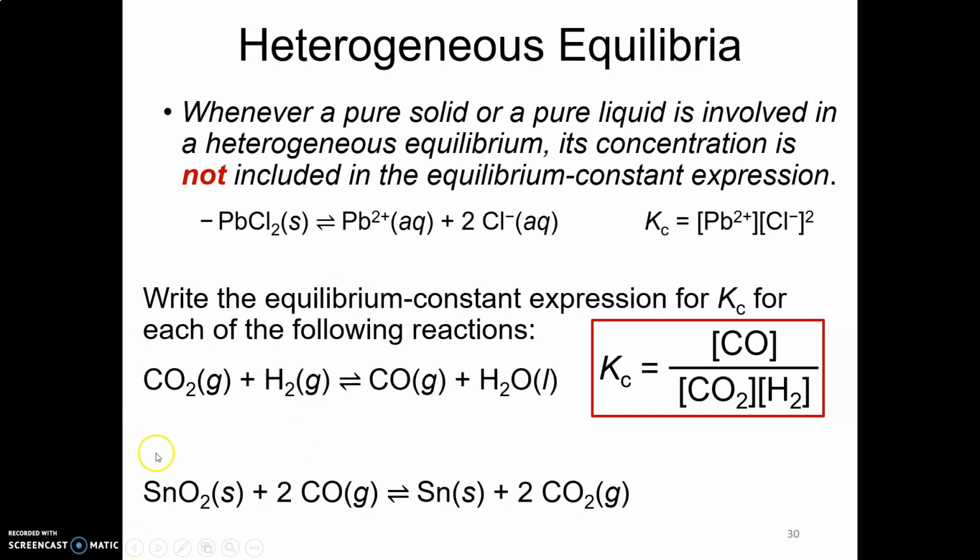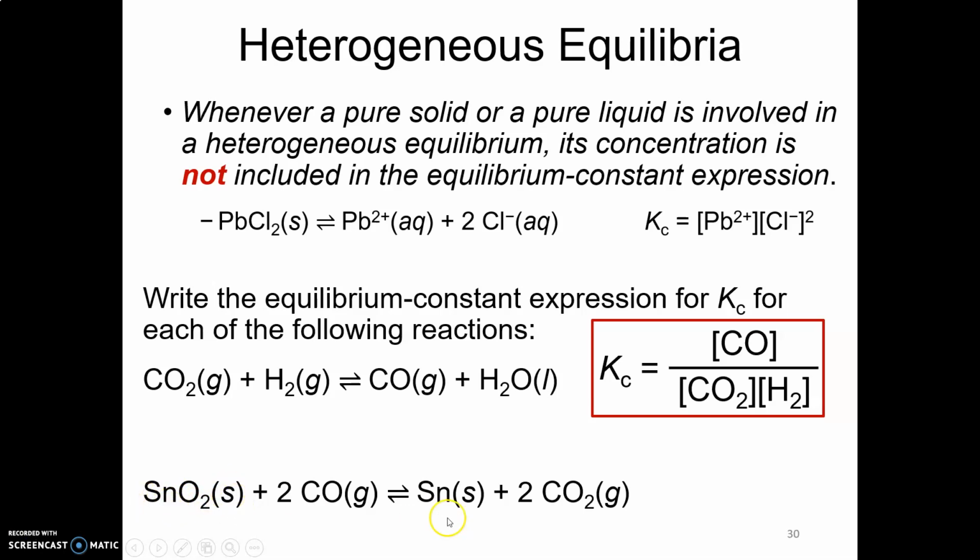In this case, you have four things present. I'm going to do a 5-second pause here, and then I'm going to tell you how many of these are actually going to be included. So we're not going to include the two tin things. SnO2, tin(IV) oxide, not going to include.